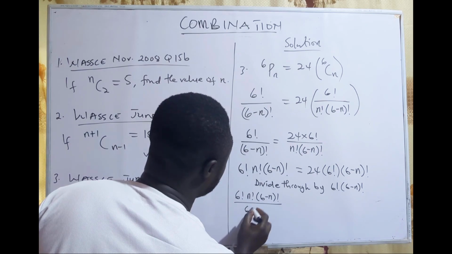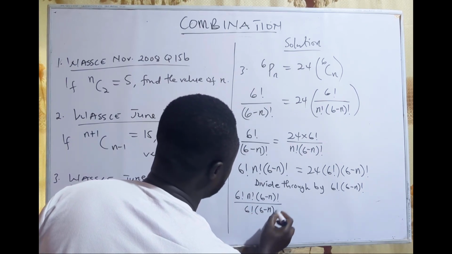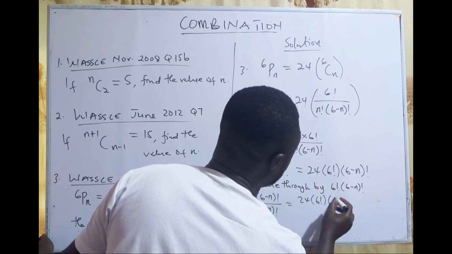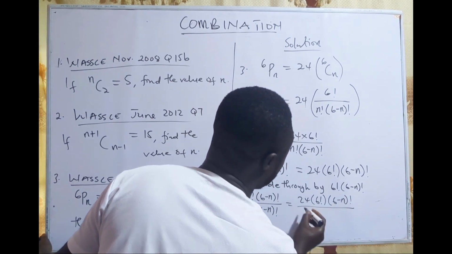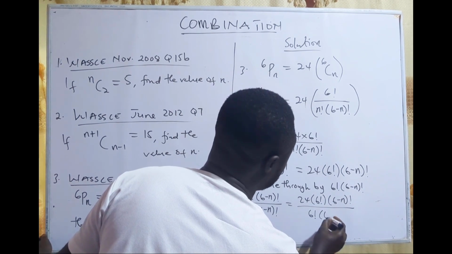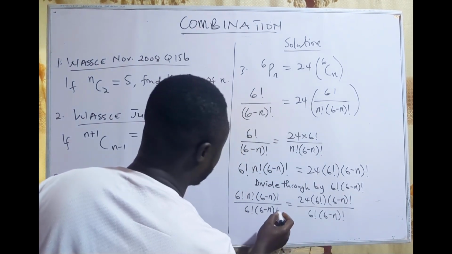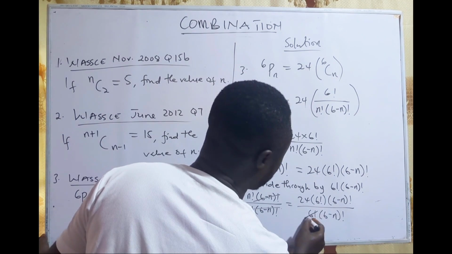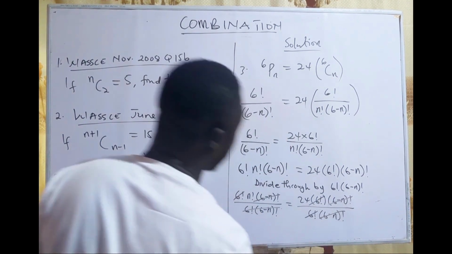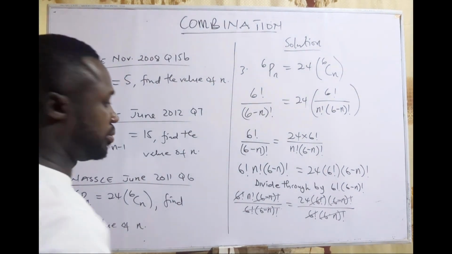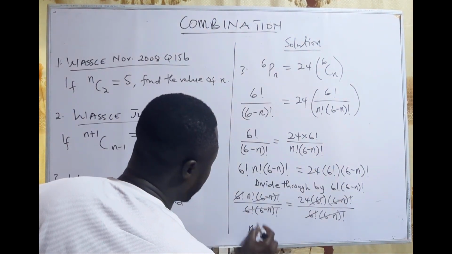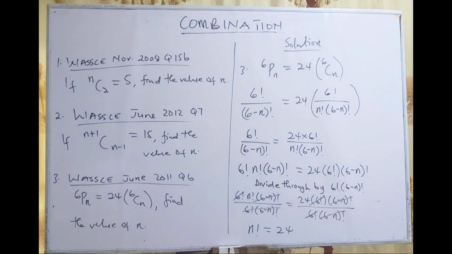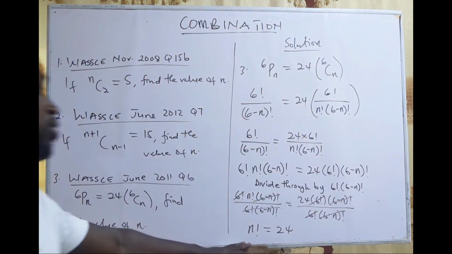So when I divide here by 6 factorial 6 minus n all factorial, then 24 times 6 factorial 6 minus n factorial divided by 6 factorial 6 minus n factorial, this will cancel this, and then 6 factorial cancel, and 6 minus n will cancel 6 minus n. I believe you get it. I'm going to have what? n factorial left equal to 24. Alright, so n factorial left equal to 24.